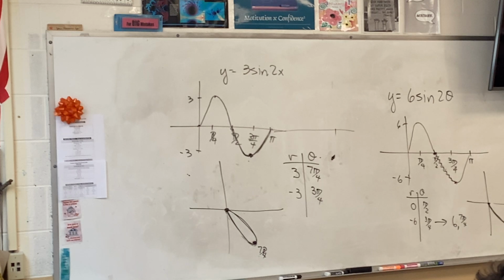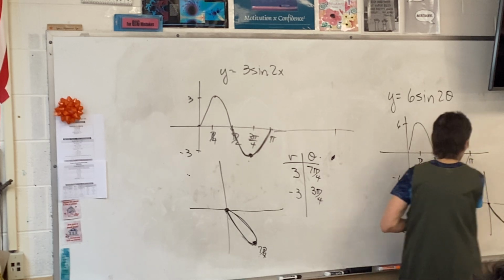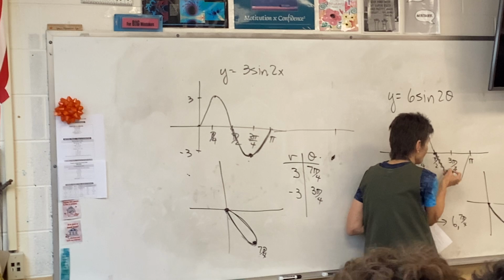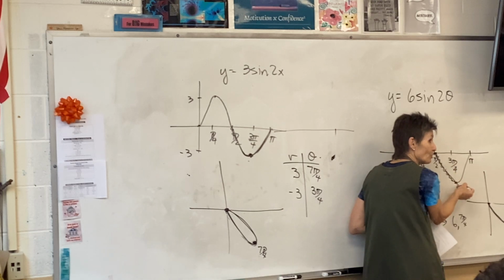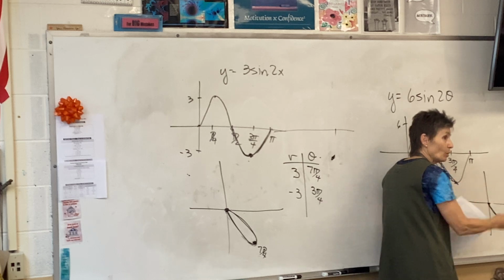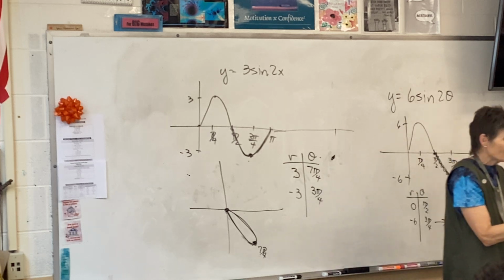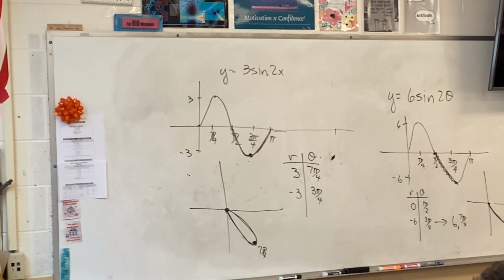Isn't R getting bigger? I'm talking size-wise. Aren't I getting farther away from 0? It's like this part of the graph, right here. Isn't R increasing? Because I am getting farther away from the origin, farther away from the pole.